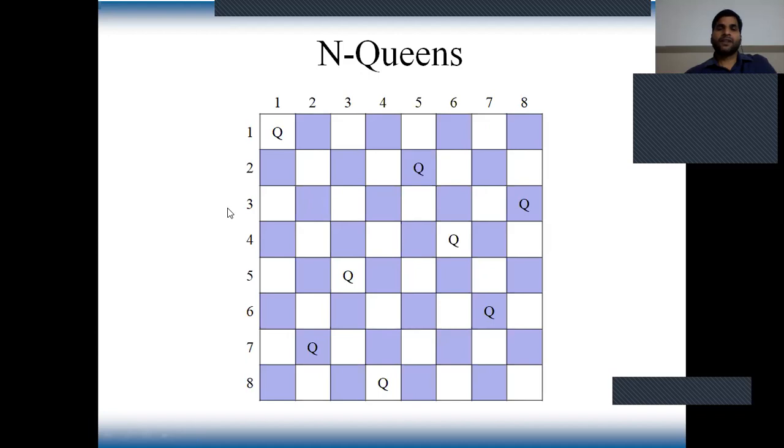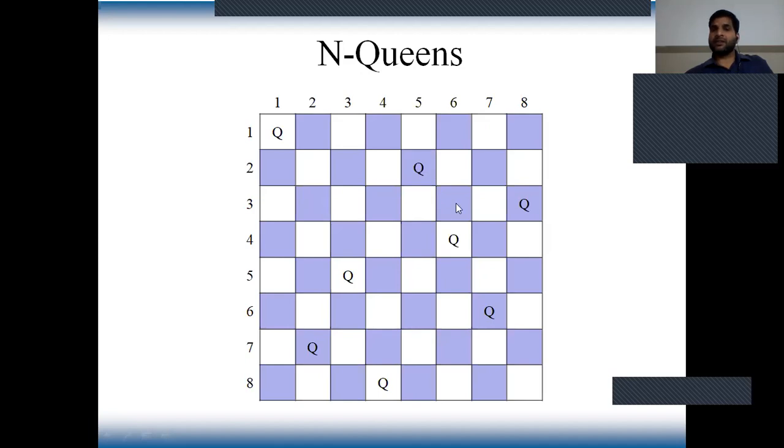Suppose this queen moves horizontally, vertically and diagonally. No other queen is placed in those places. Similarly, this queen moves diagonally, horizontally and vertically, and this is also a suitable place for this queen.